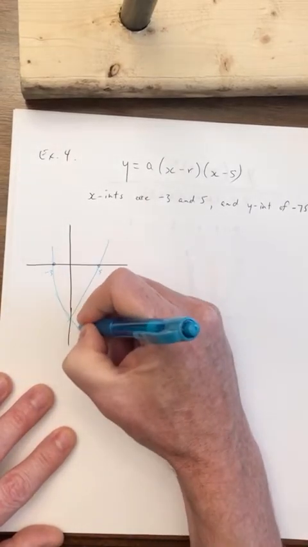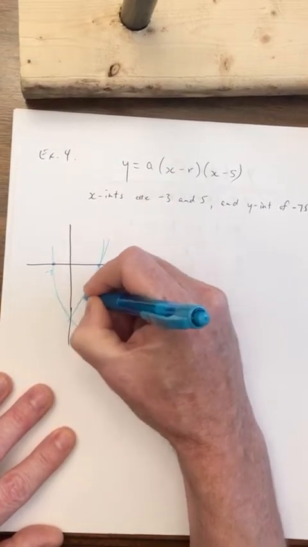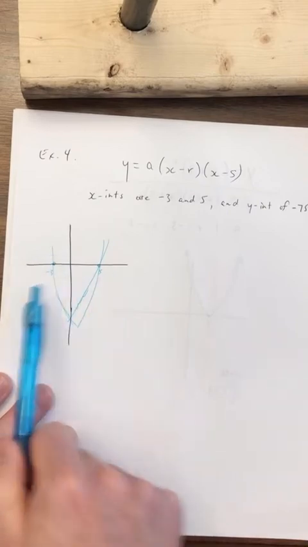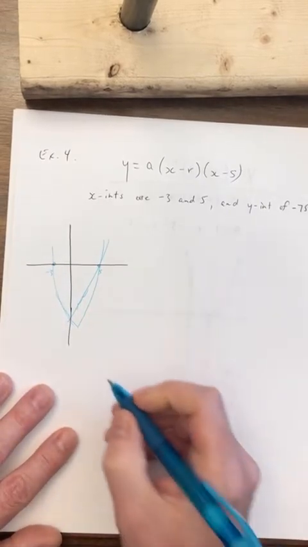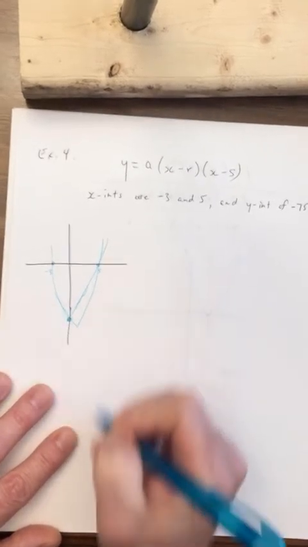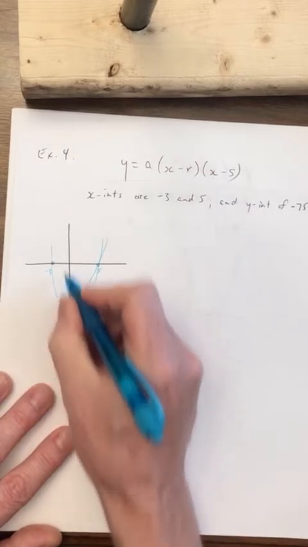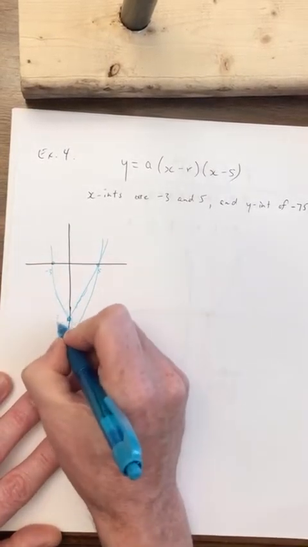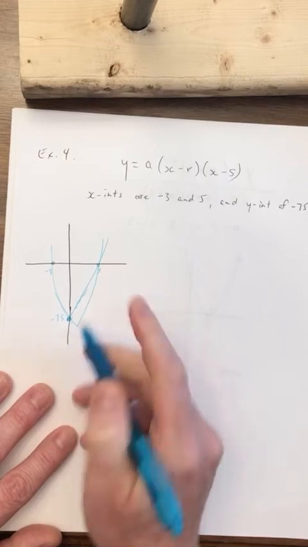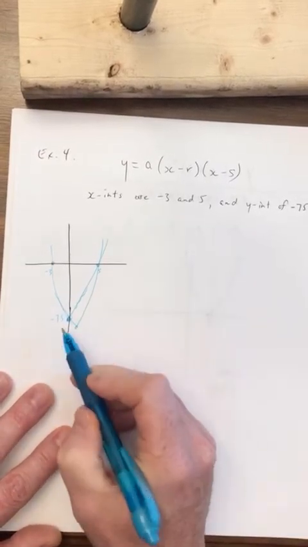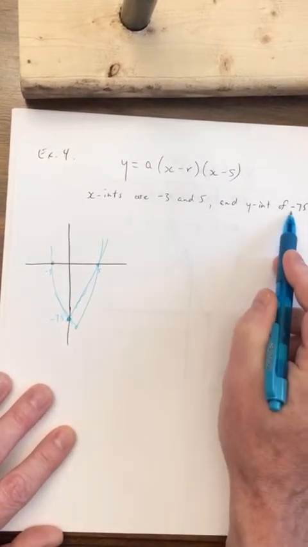Actually, I think we can agree the vertex would be over here somewhere. Right now, this is just for illustrative purposes. And I know this parabola is going to cross our y-axis at -75. That's not the vertex. The vertex is down here. But we know we're crossing at -75.